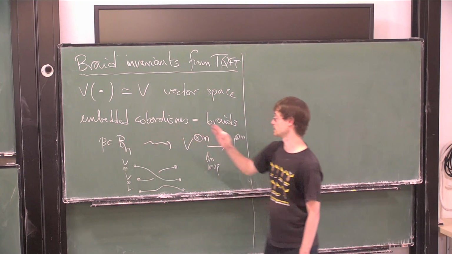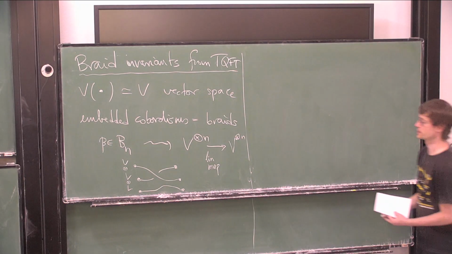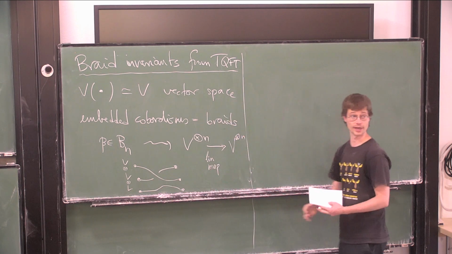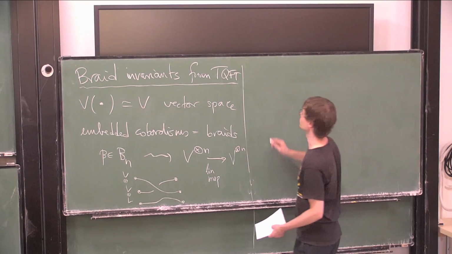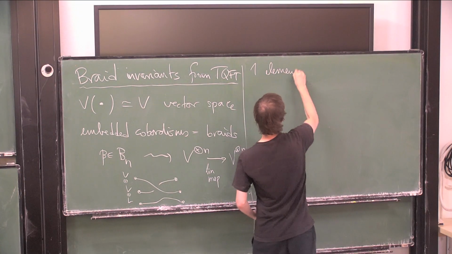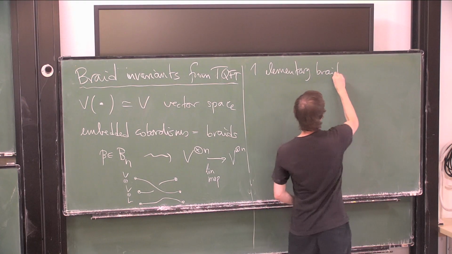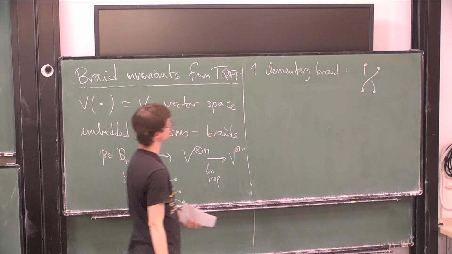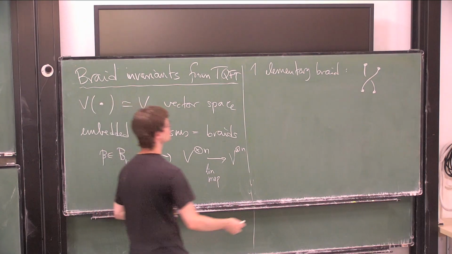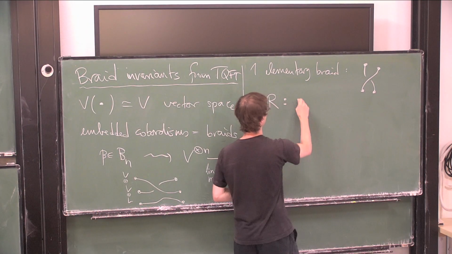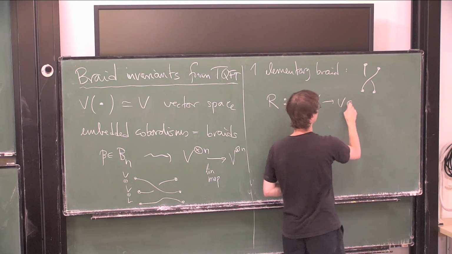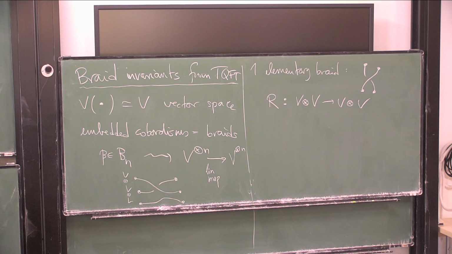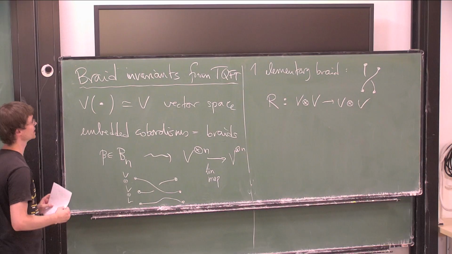So a TQFT is exactly giving this assignment. It gives you for every braid such a linear map. And the idea of TQFT, you have this reading thing, so you can decompose these complicated braids into elementary braids. And we've seen that actually there's basically just one elementary braid, which looks like this. And so this should correspond to some map, which we call R, and it goes from V tensor V to V tensor V. Basically, the TQFT gives you two things.